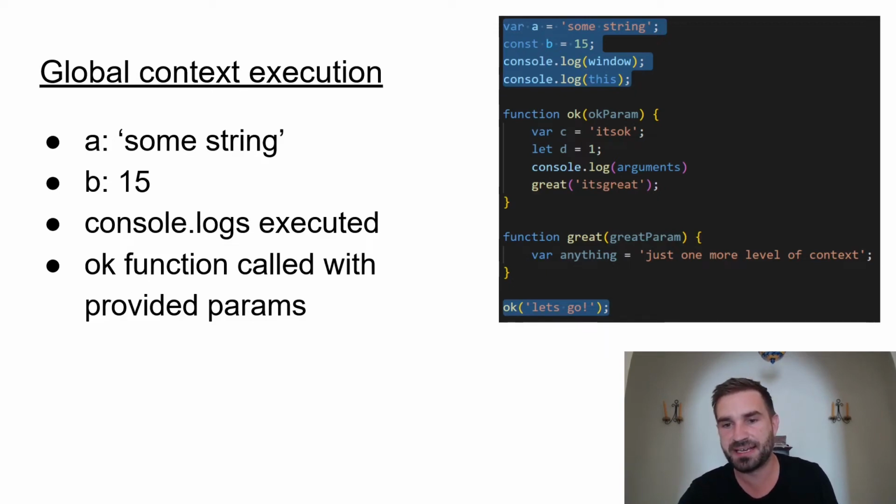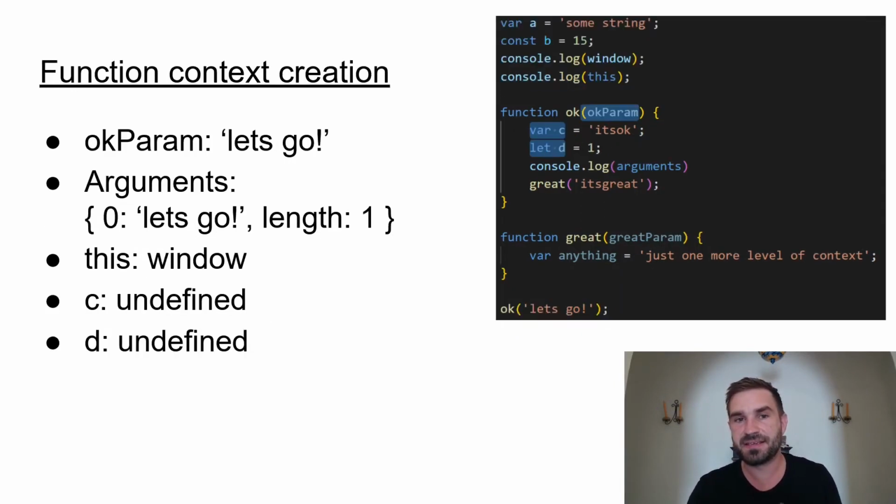The parameter there, let's go, is going in. And what happens now is there is a function context created. So the function execution context that we mentioned is now going to get created. So what's in that? For this OK function, it's got the value of what was passed in, so that is the OK param, let's go.